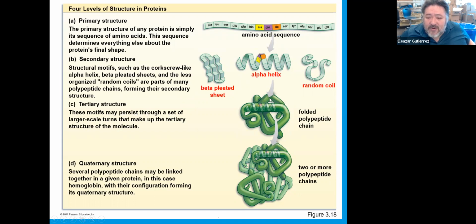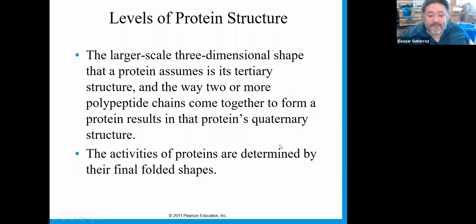Then finally, when two or more of these come together, they come up with what's called the quaternary structure. So I recognize it. The author's doing hemoglobin here. So we have two alpha and two beta subunits, which makes hemoglobin, okay? And this is a quaternary structure of hemoglobin.